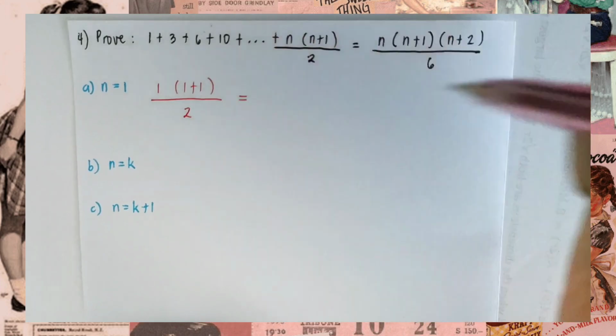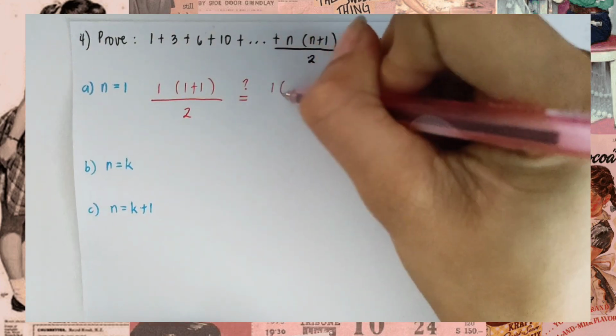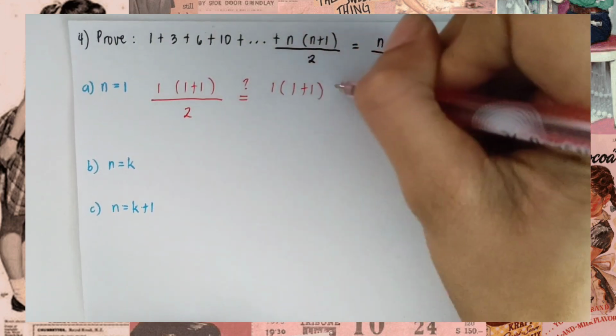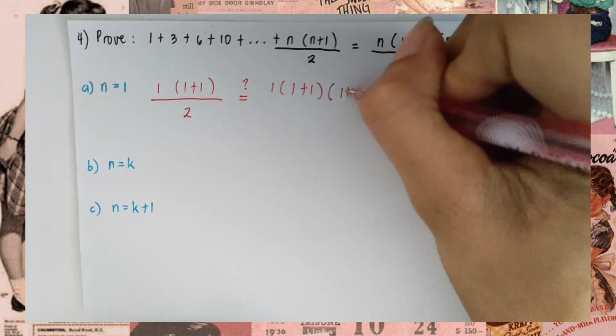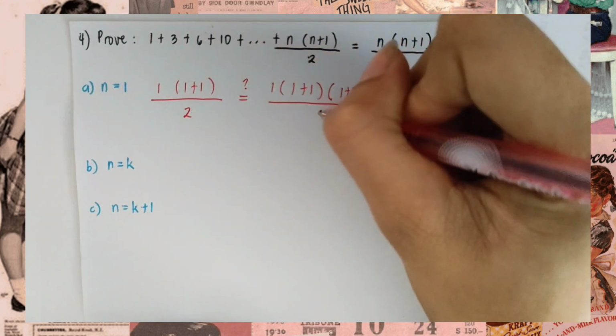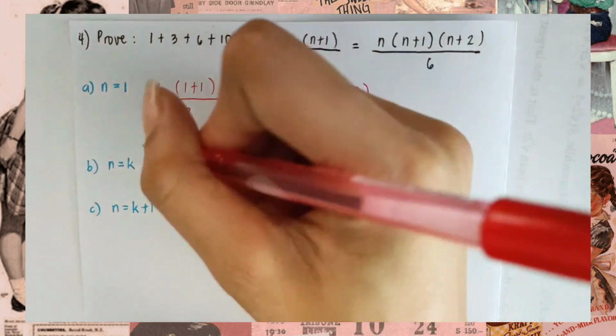Will it be equal to 1 times 1 plus 1 times 1 plus 2 over 6? So simplify.